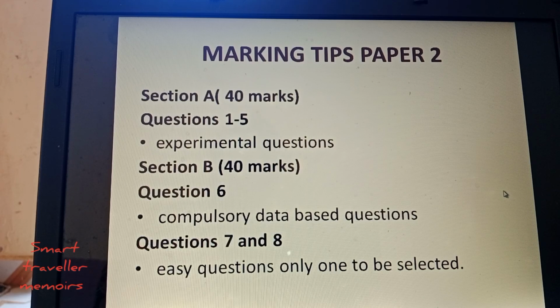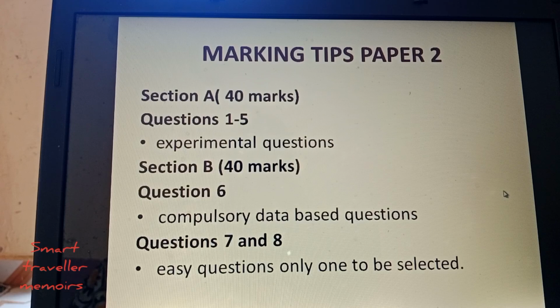So you must be equipped with the practical techniques. You must have done all the practicals from Form 1 to Form 4 without skipping any.